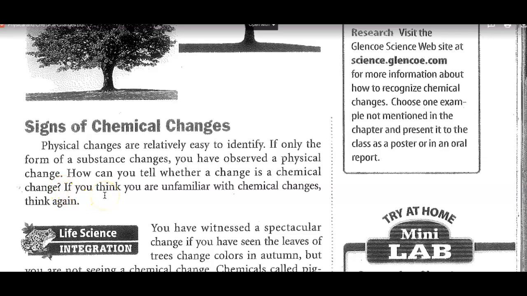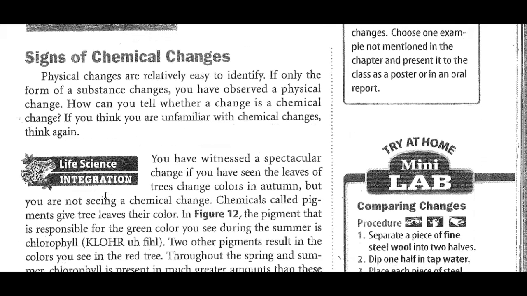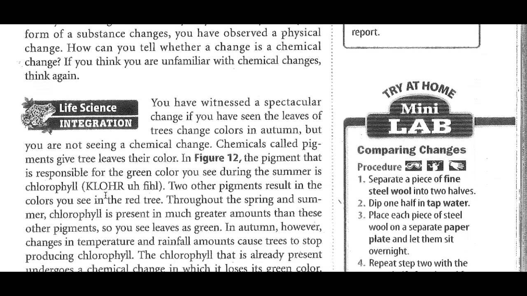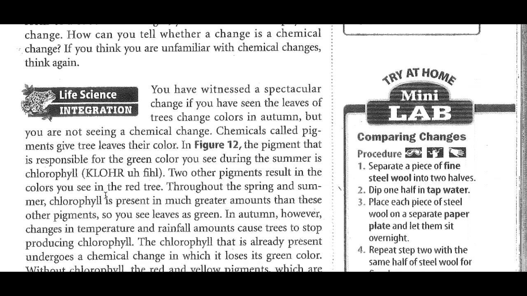How can you tell whether a change is chemical or physical? If you think you are unfamiliar with chemical changes, think again. You've witnessed a chemical change if you've seen the leaves of trees change colors in autumn. Chemicals called pigments give trees their color. In Figure 12, the pigment that is responsible for the green color you see is chlorophyll. Two other pigments result in the colors you see in the red tree.